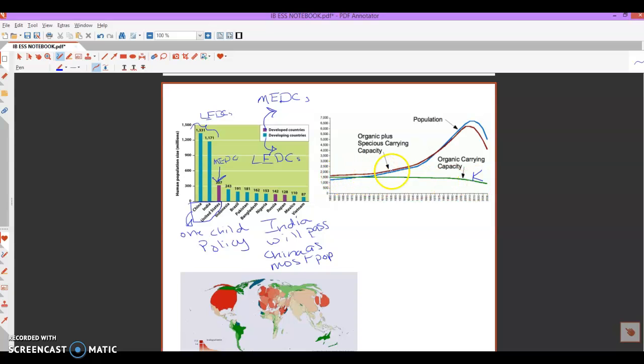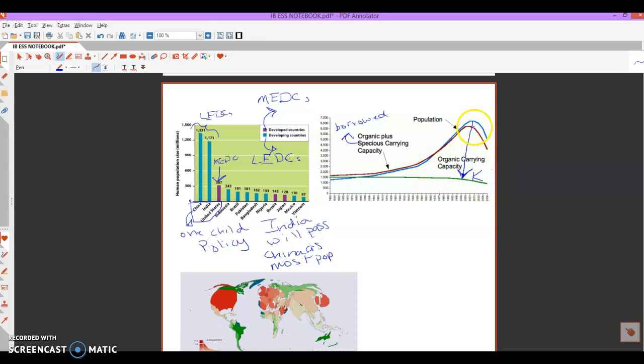Now, if you look at these other two lines, we have the organic plus the spacious carrying capacity. Spacious, in this sense, means borrowed. And then here is our actual population. So, you look, guys, there's a huge gap between our population and our carrying capacity.